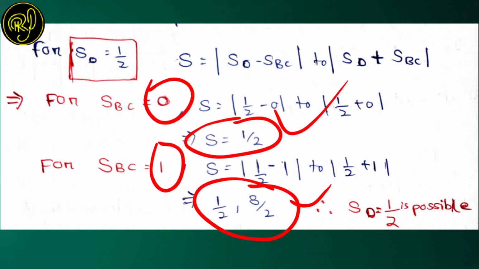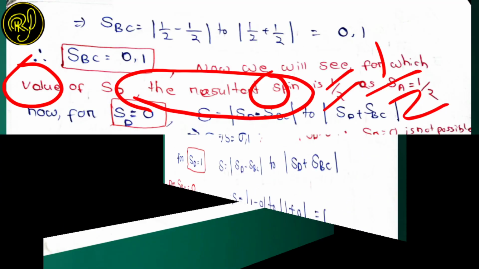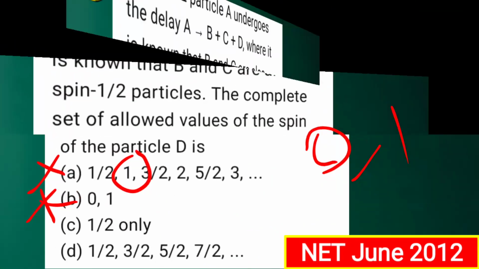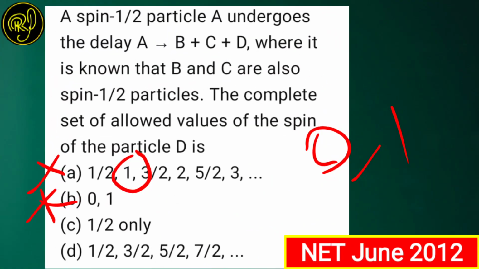Half is possible, 3 by 2 is also possible. It means SD equal to half is possible, so C can be correct and D can be correct. This is all allowed value.